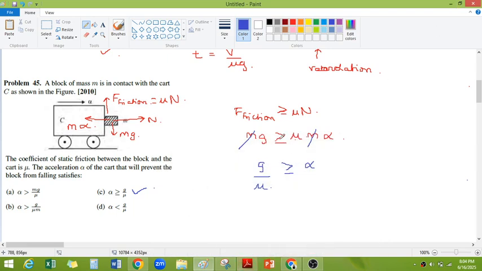Let me check one more time, because your friction has to be greater than mg. Only then it will not fall down.